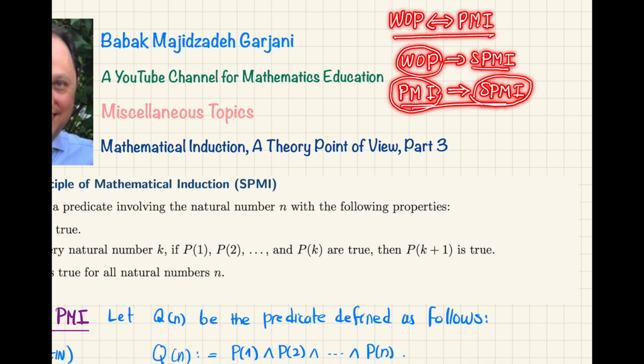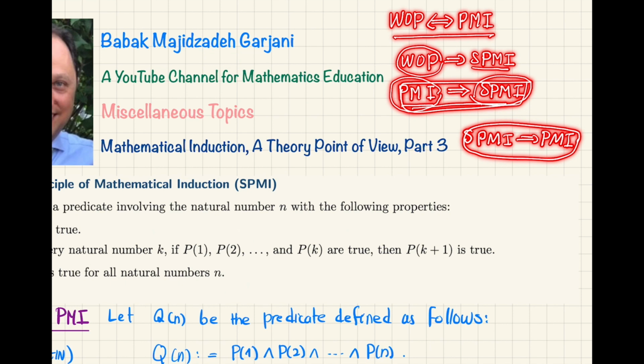In the next video, I will show that this is actually the case, that SPMI also implies PMI. And then surprisingly, these two statements are also equivalent. So if I combine this, which is coming in the next video, and what we just got here in this video, then it means that PMI is actually equivalent to SPMI.